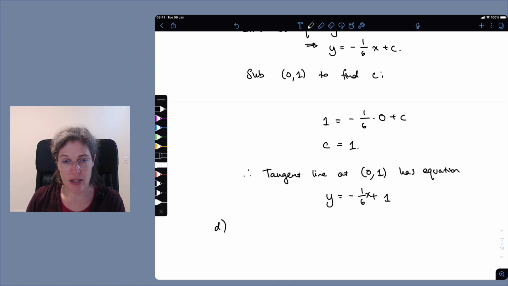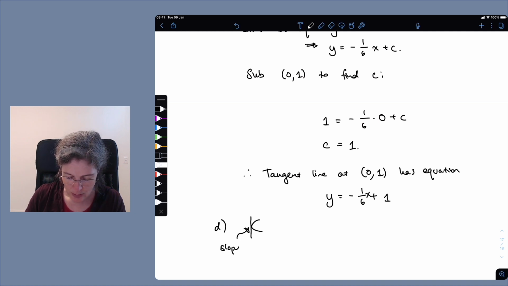So what does it mean if something has a vertical tangent line? How can you tell? Well, a vertical tangent line, if you think about it, has an infinite or an unknown slope. So the slope can't be calculated.